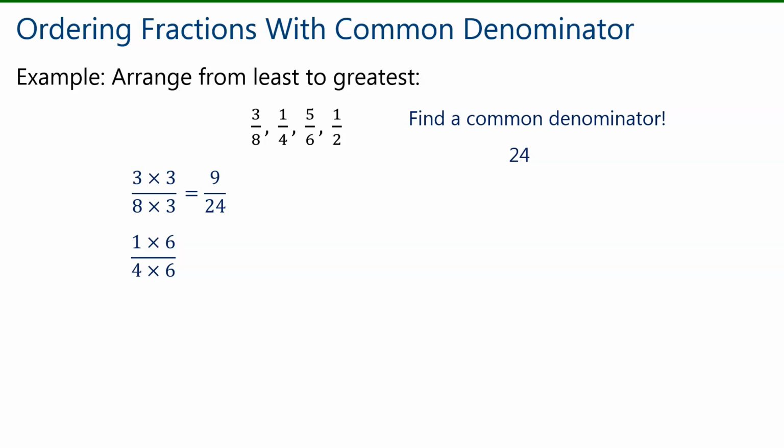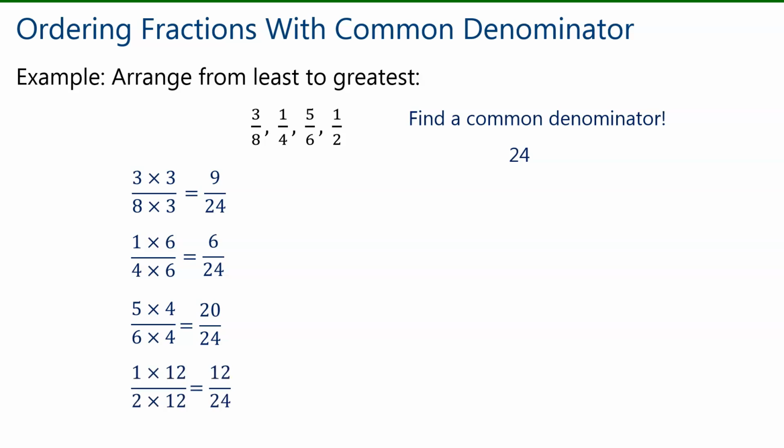And when I do that, I get 6 over 24. 5 over 6 is going to be multiplied by 4 to give me 20 over 24. And a half needs to be multiplied by 12, giving me 12 over 24.